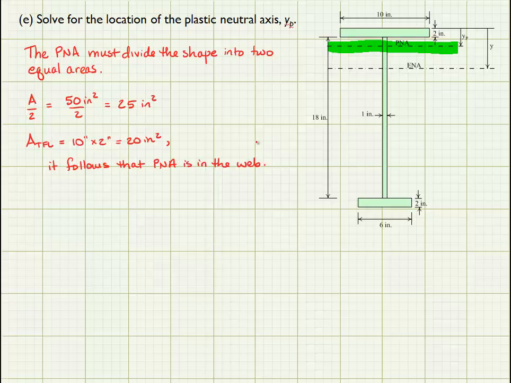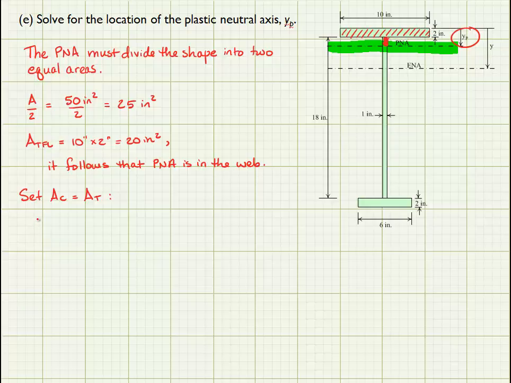So now we need to solve for this distance, y sub p. So I'm going to set the area in compression equal to the area in tension. If I'm assuming that this is in positive flexure, my area in compression would be the area of the top flange plus the portion of the web that's resisting compression.